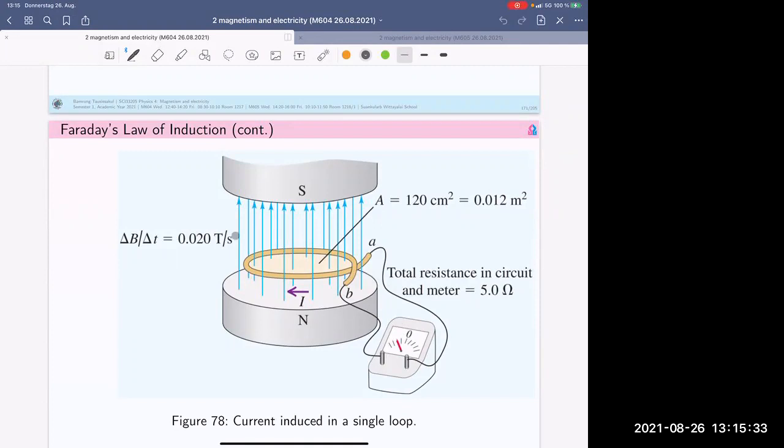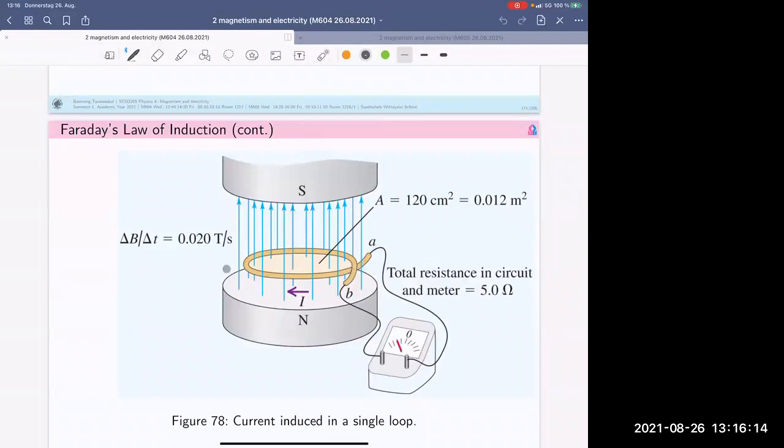And they say the cross-sectional area of this conductor loop, whether it's an ellipse, a circle or any kind of shape, let's say it has an area of 120 square centimeter, or if we convert it to square meter, we divide this number by 10,000, so it's going to remain 0.012 square meter.